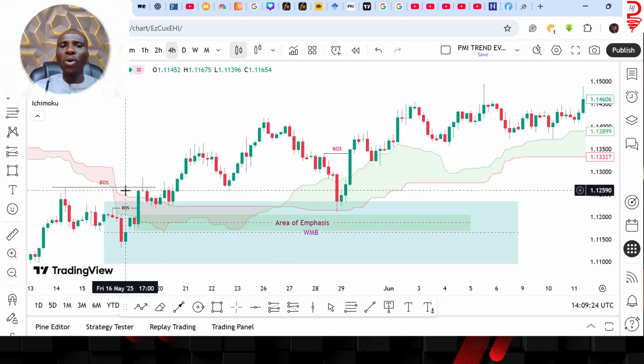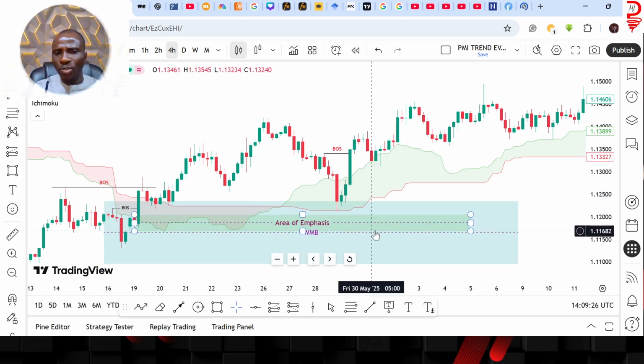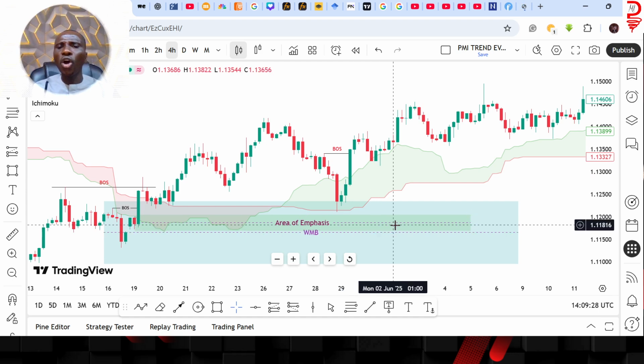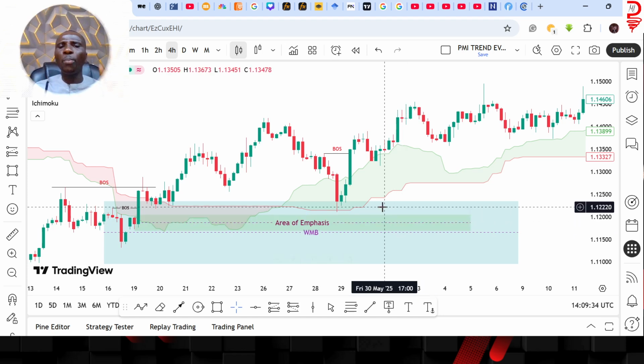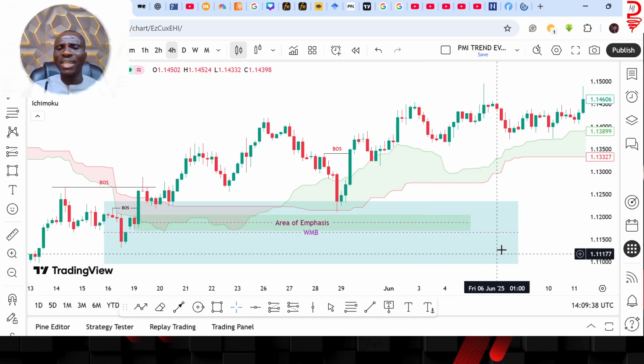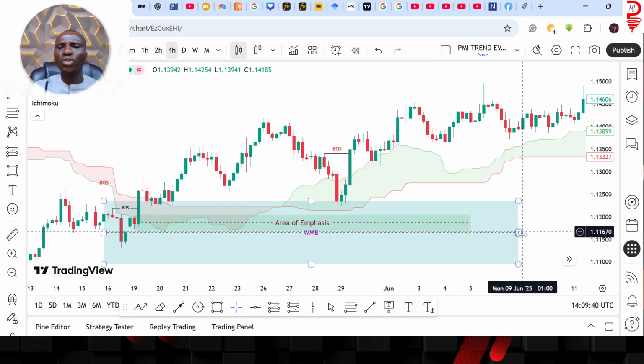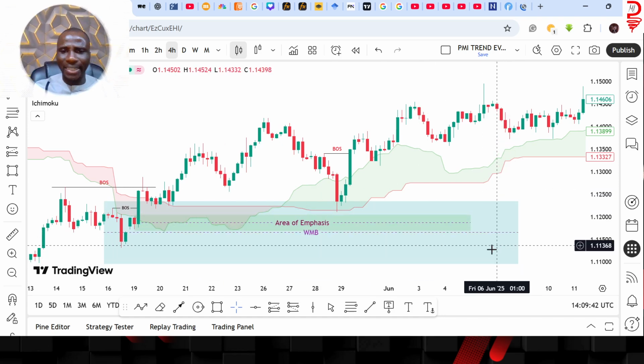Now, suppose this price trades back into the area of emphasis, all you need is an engulfing candle to take a position. But if the market does not trade back into the area of emphasis, it means that within the money box, you have a lot of liquidity already.